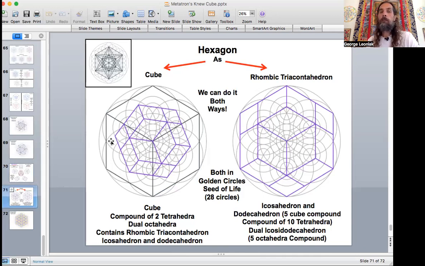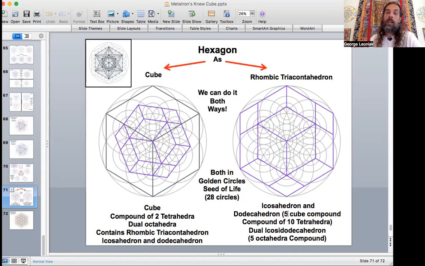The whole video has been about this view of containing these, and then the other way to do it is to make the rhombic tricontahedron the hexagon, which is now this form that's inside the cube, turn it into the overall perspective here.